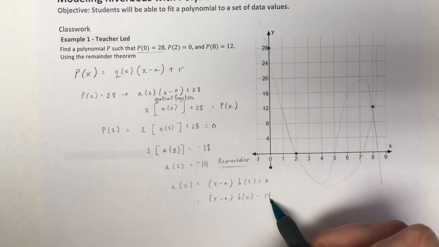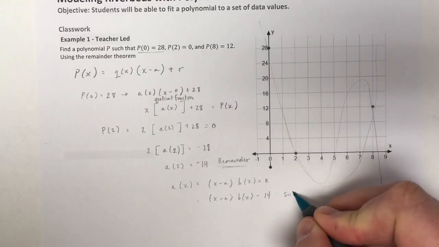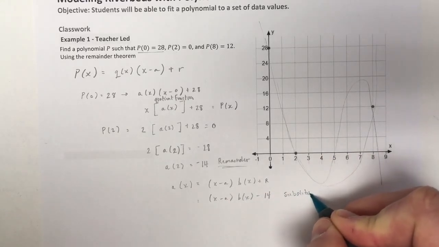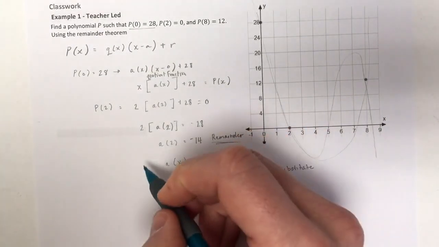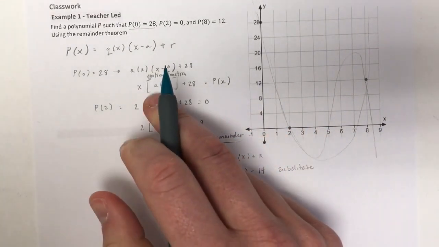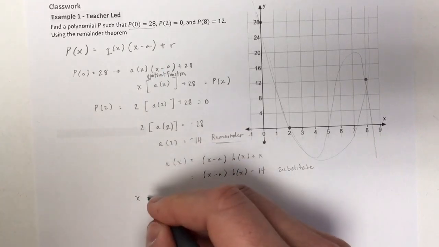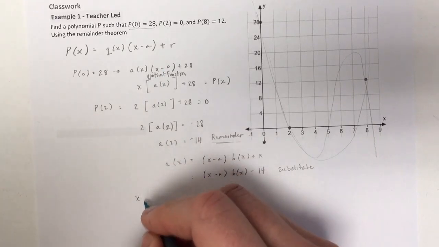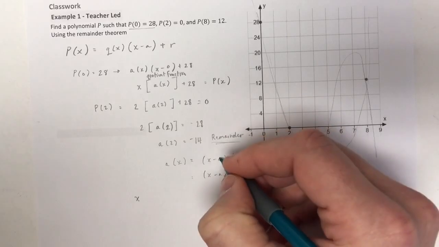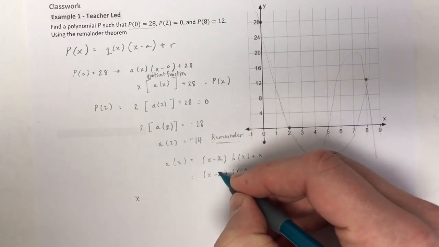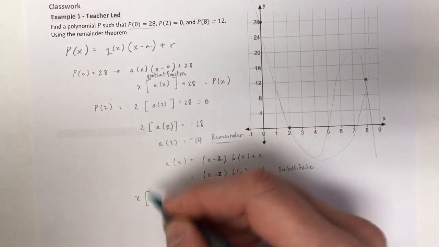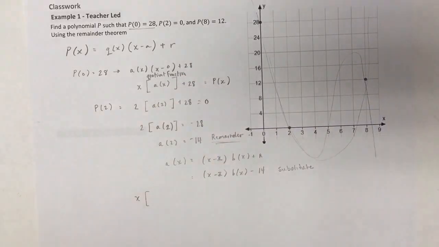And I can substitute this back in to my a function. So I can write it as x. And in this case, a was 2. So x times in the a function in place of it.